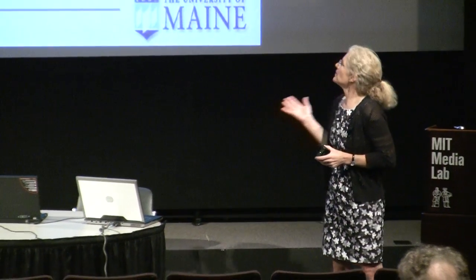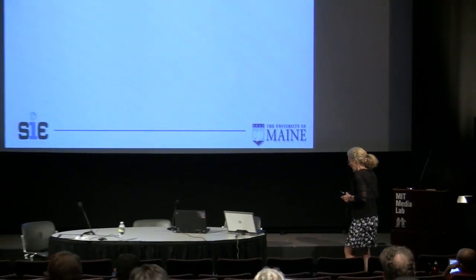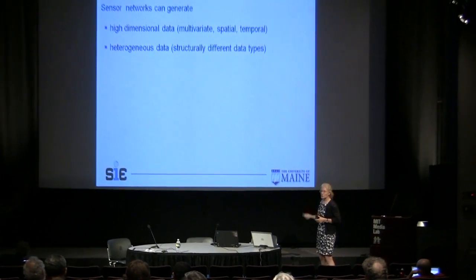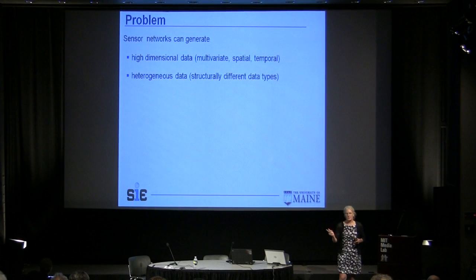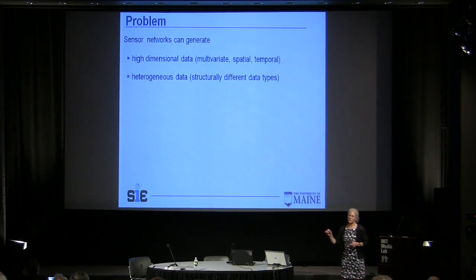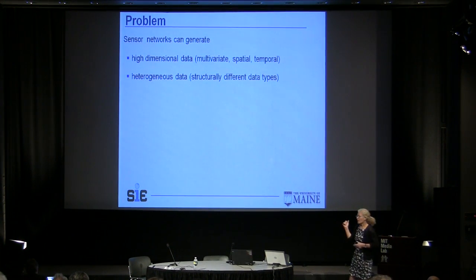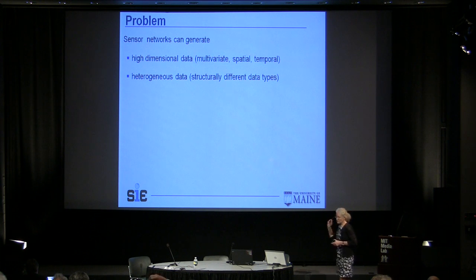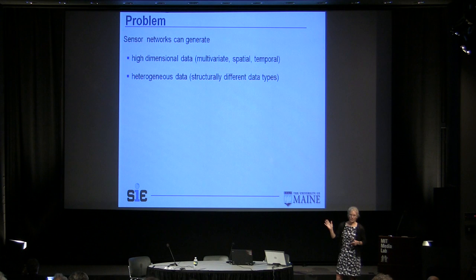So the particular problem of interest that I want to talk about here is sensor networks. They generate, as we know, a lot of data, and it's very high dimensional data. We've heard examples of sensor boards collecting humidity, temperature, pressure, acceleration in 3 dimensions, just to name a few.